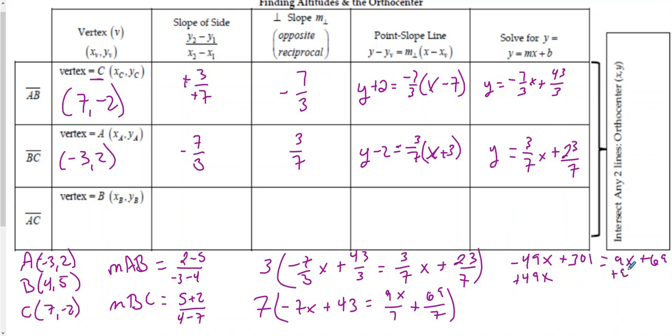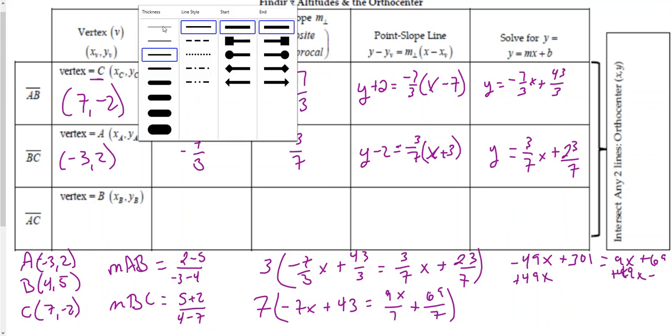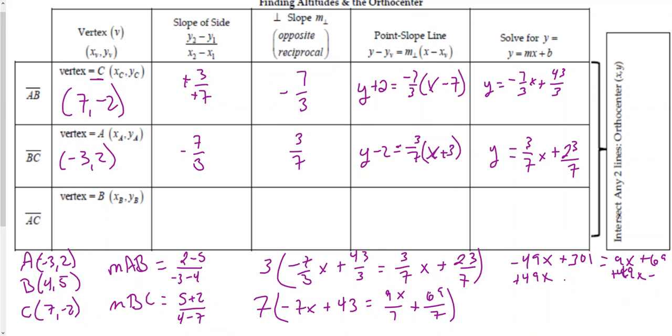So add 49x to both sides, and let's get rid of that 69 by subtracting 69. That ends up getting you 232 equal to 58x. And when you do that math, you get x equals 4.